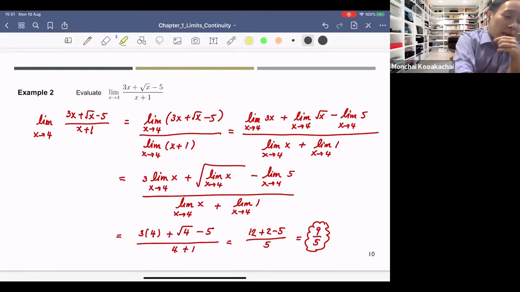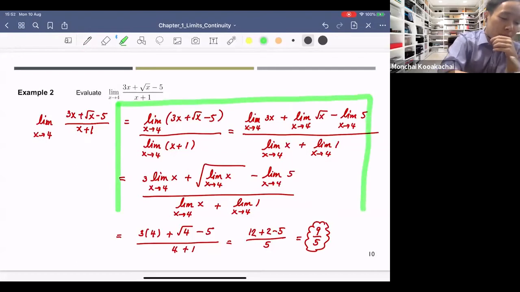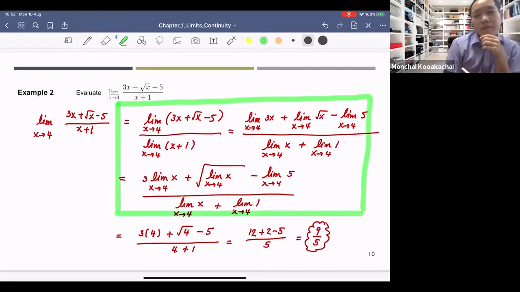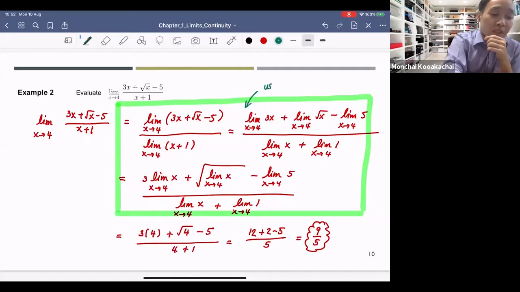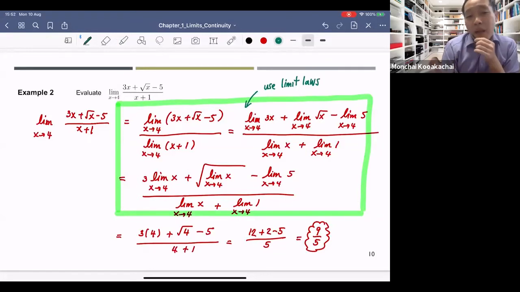This part that I boxed in green is just the way that we use limit law, right? We just use the limit law that we learned before. We just use limit law to expand this thing, and at the end we're going to get this, right?